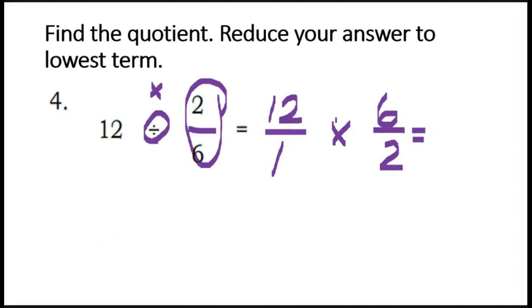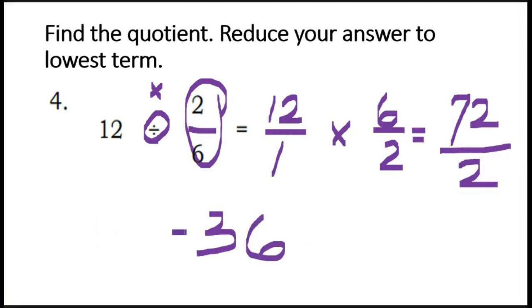So, 12 times 6 is 72. 1 times 2 is 2. Then simplify your answer. 72 divided by 2 is 36. The answer is 36.